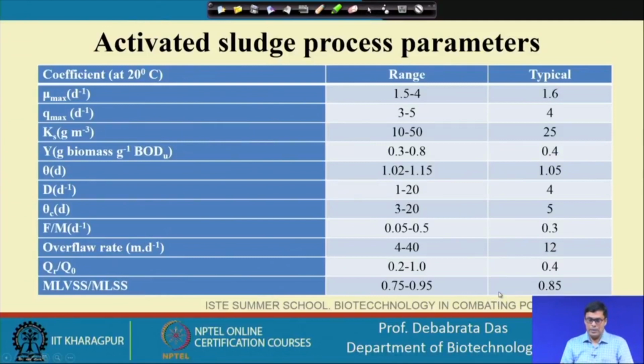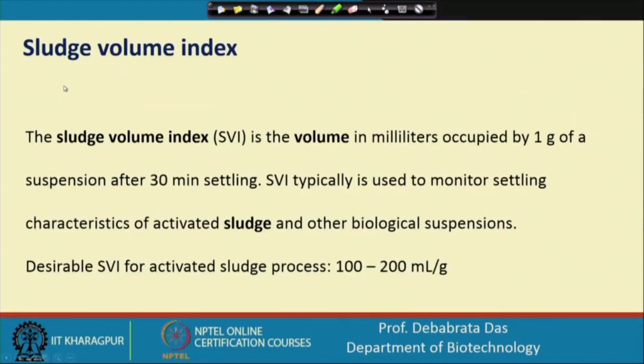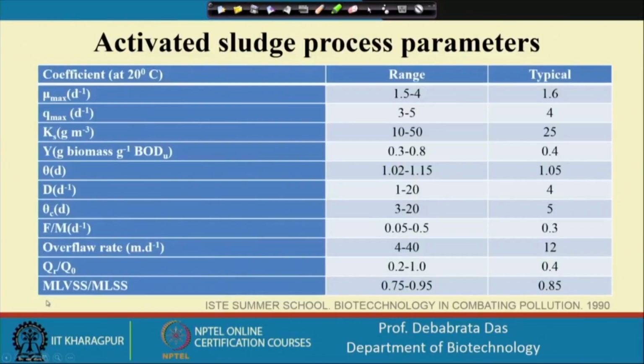Now, these are the different kinetic parameters that we have. The maximum specific growth rate varies from 1.5 to 4 per day, then Qmax equals 3 to 5, Ks, the saturation constant, is 10 to 50 gram per cubic meter, and the yield coefficient is 0.3 to 0.8.